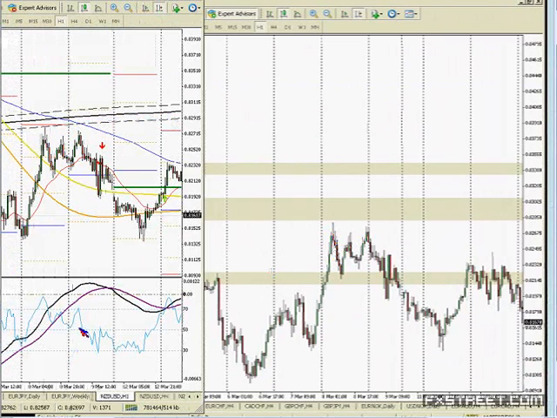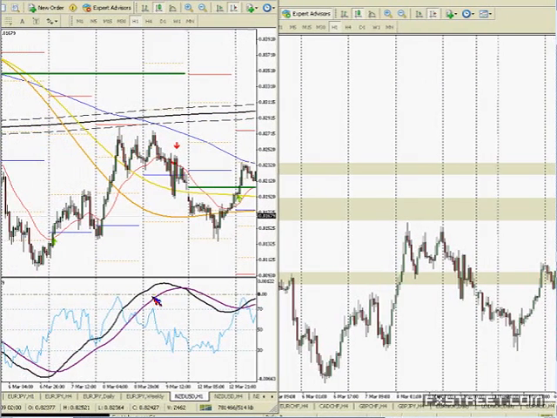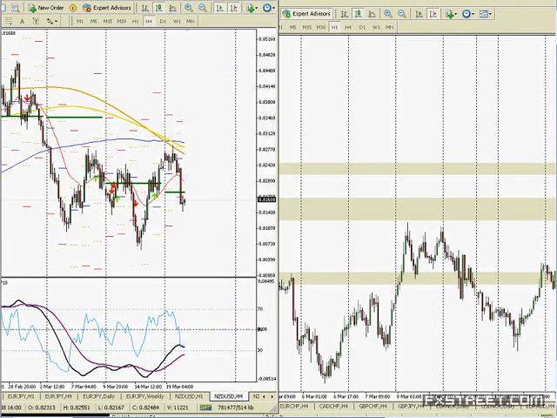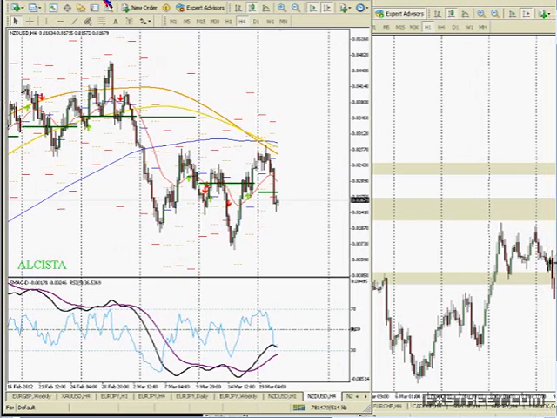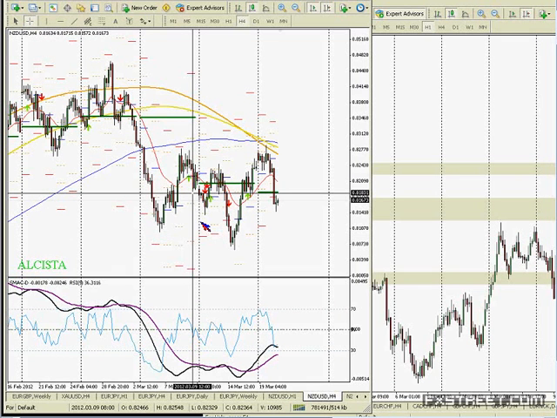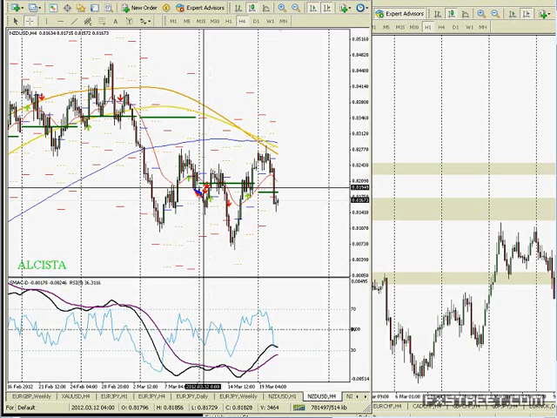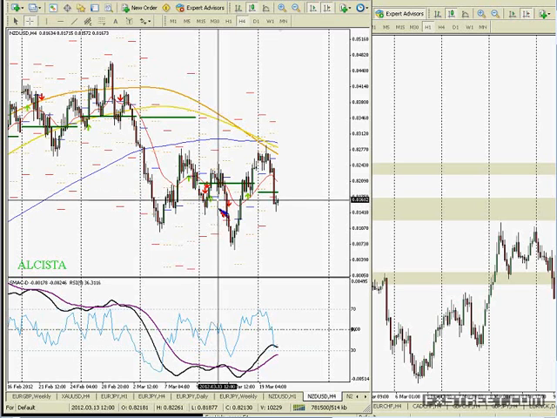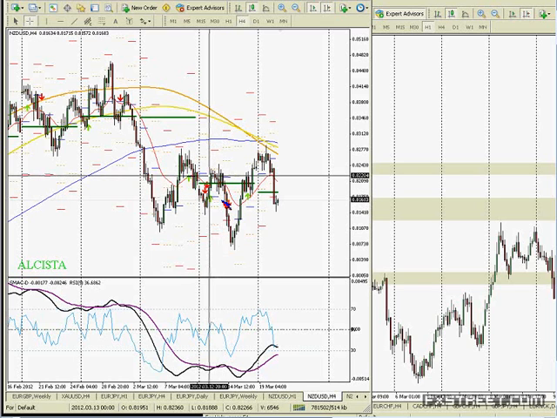And I want to find out if in my model I have a signal around this level. Specifically in my approach, I would have a first sell order on this level here, a second one here, and a third one here.